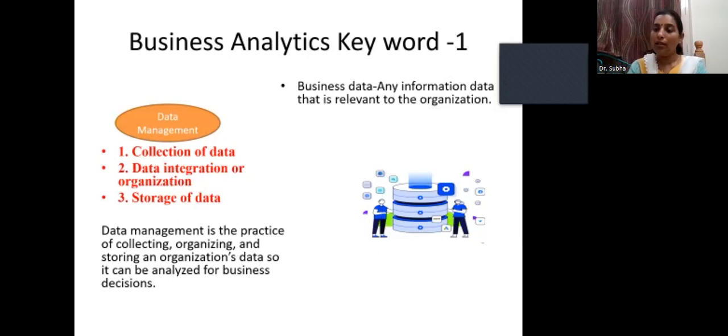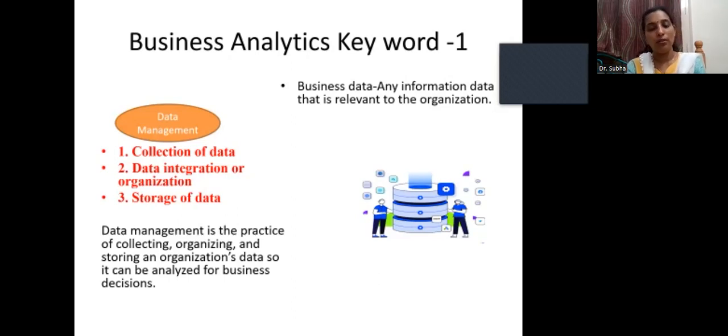For loading, we have various applications, and one important application you have to know is the data warehouse. The transformed data will be stored in the data warehouse, a centralized data repository of any organization.